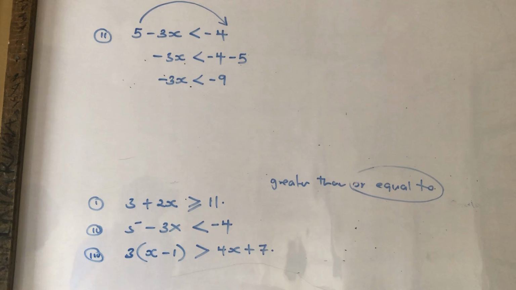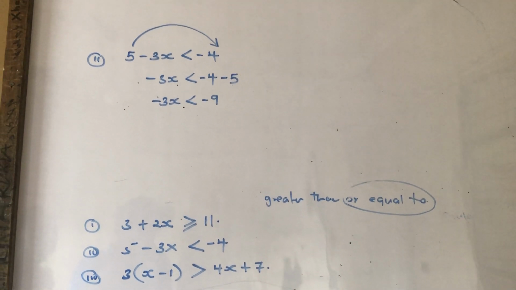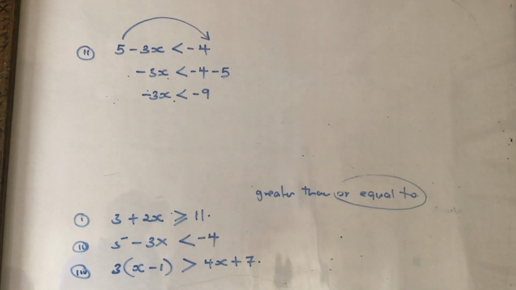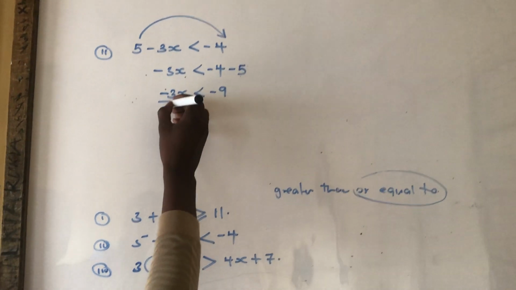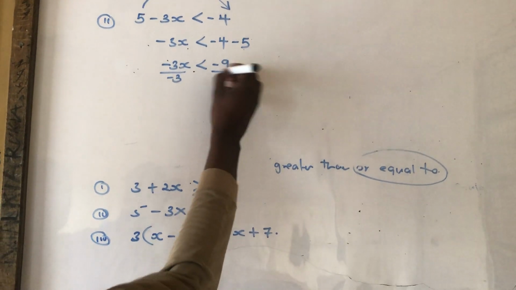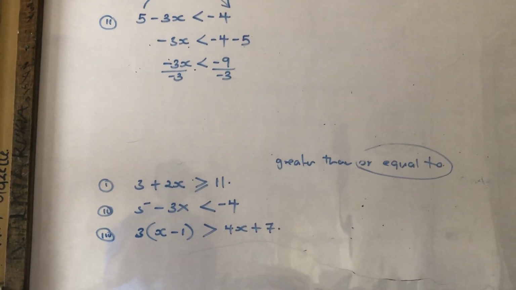Minus 4 minus 5 should give us negative 9. We will then divide this one here by negative 3 and this one here by negative 3.